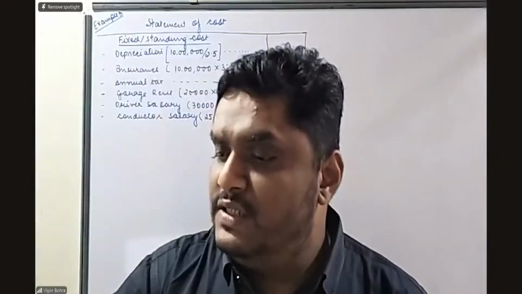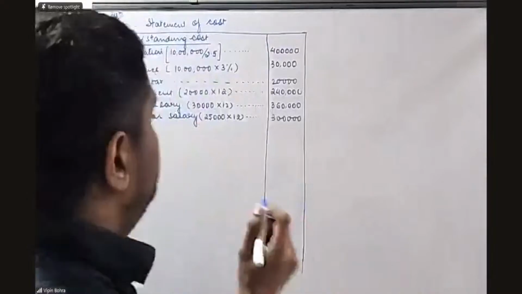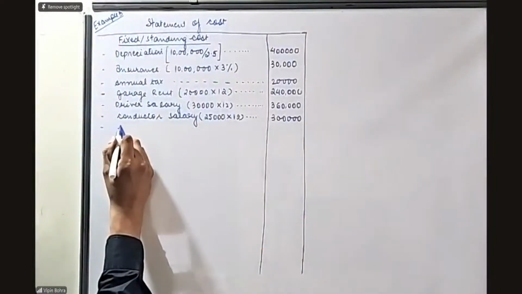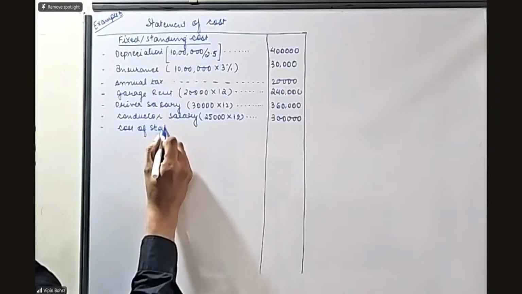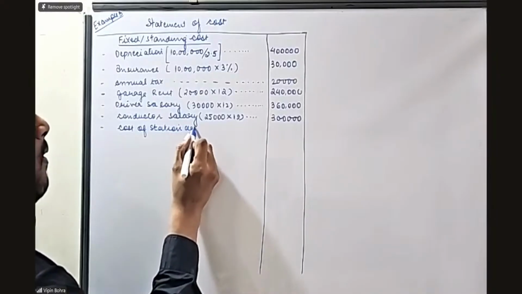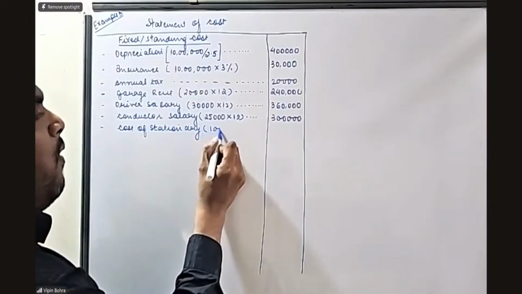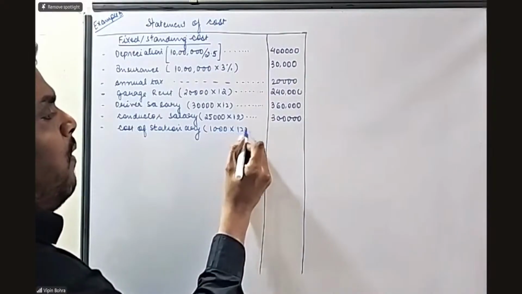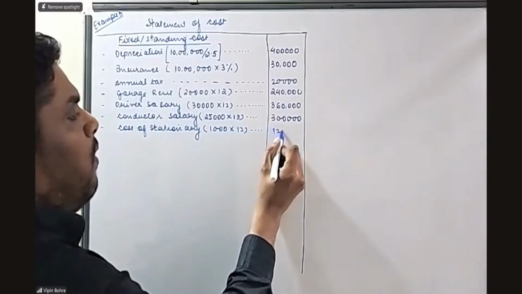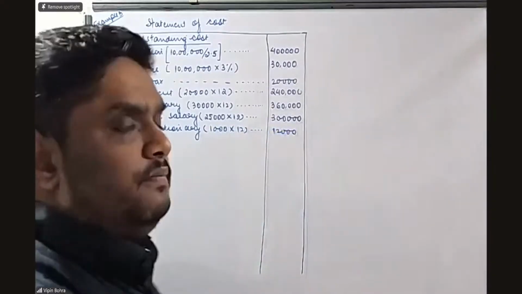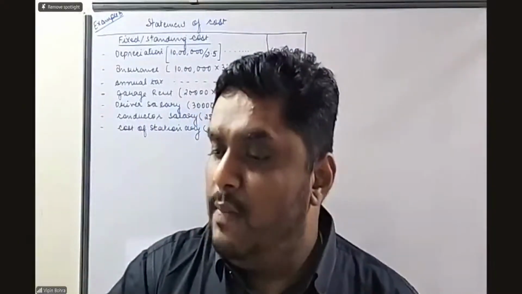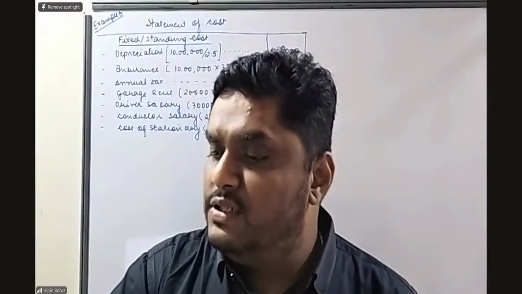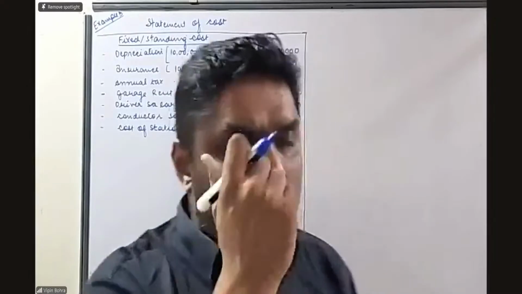Cost of stationery is 1,000 per month. Manager cum accountant salary is 17,000 per month. Again, it will go under fixed cost only.